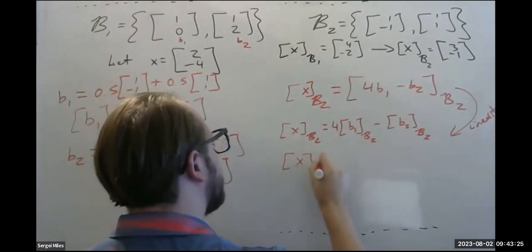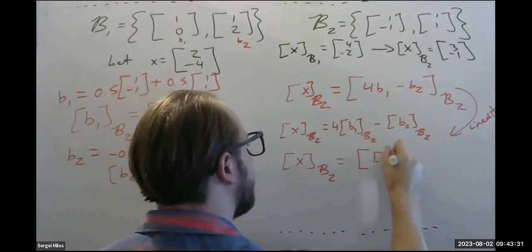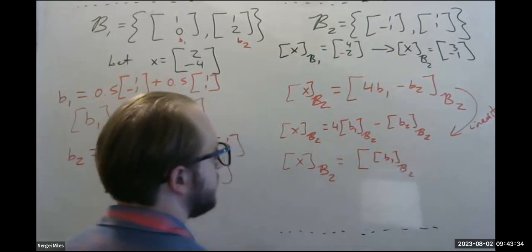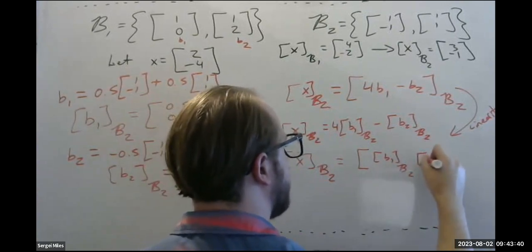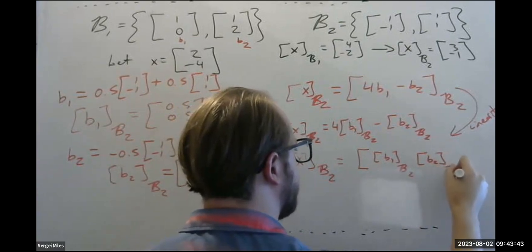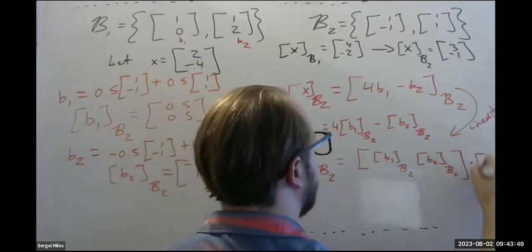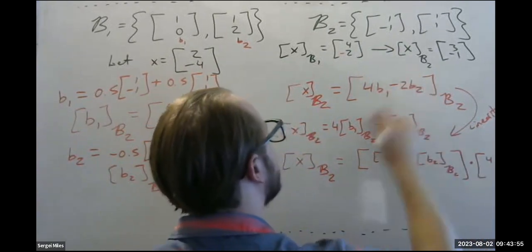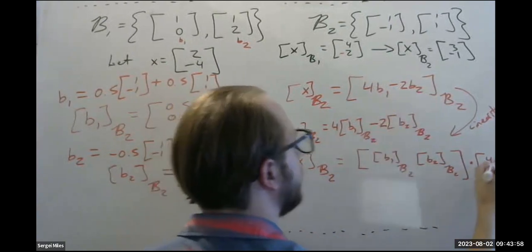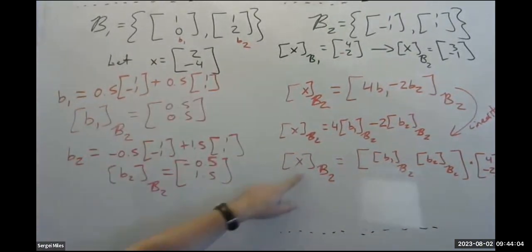In other words, I can rewrite this as matrix multiplication, where b1 in terms of the second basis is my first column vector, b2 rewritten in terms of the basis is my second column vector, and I'm multiplying it by this vector 4. Wait, did I make a mistake? Yeah, this should be negative 2. Gosh darn it. Negative 2 times this vector. This is telling me what combination of the columns is supposed to equal this b2 coordinate vector.